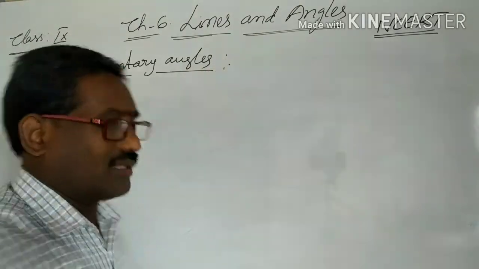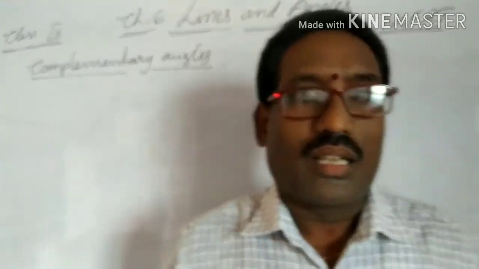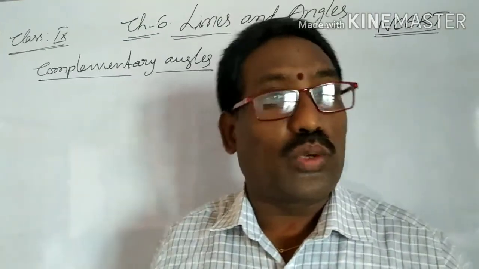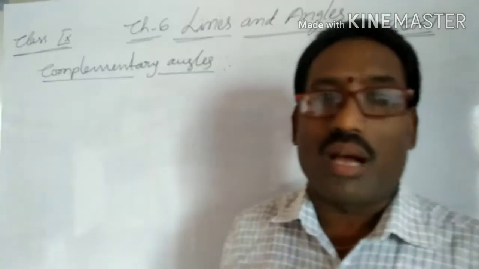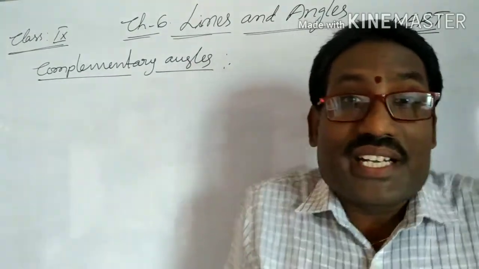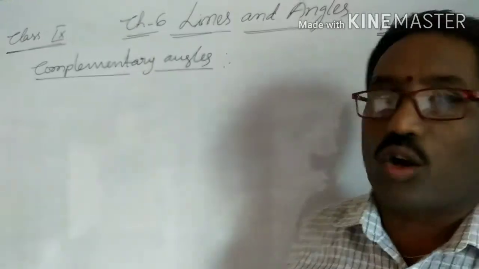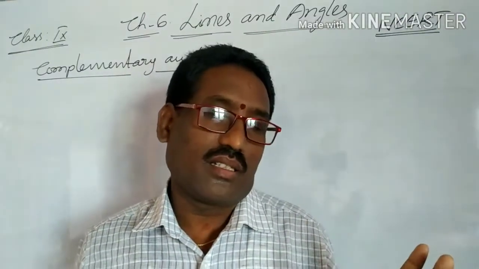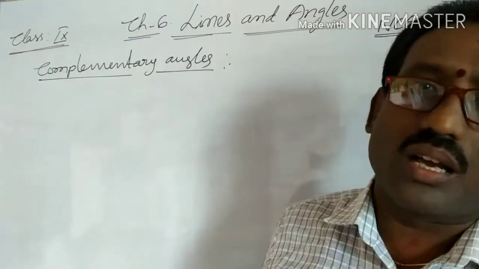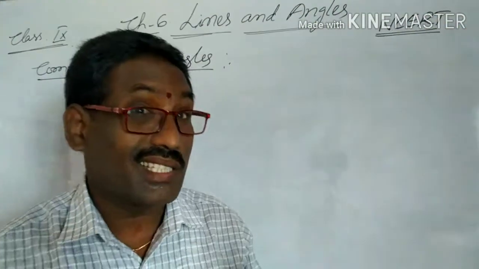Complementary angles means the sum of the measures of any two angles is 90 degrees.